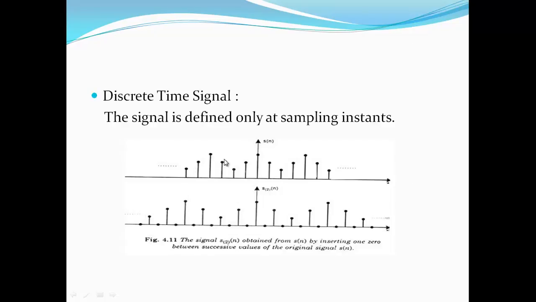The amplitude can be continuous, but your time axis is discrete. So that is a discrete time signal. It is defined only at discrete time.